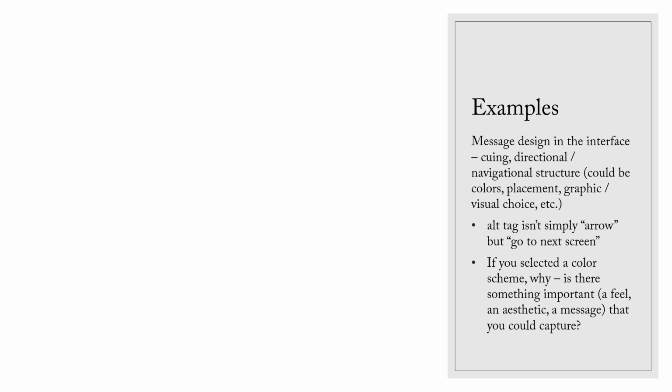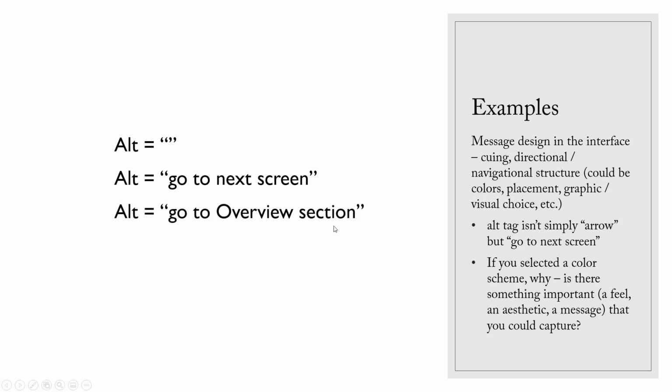Is there something important about that, like a feel or aesthetic or a message that you could capture? So if we think about alt tags, and I've seen some people use alt equals nothing, to alt equals go to the next screen, to the alt tag is go to the overview section.